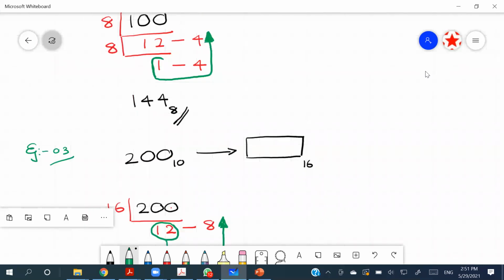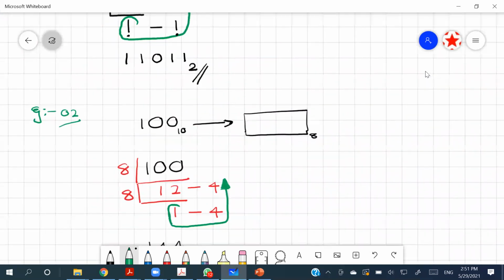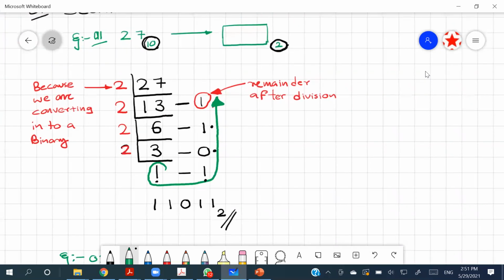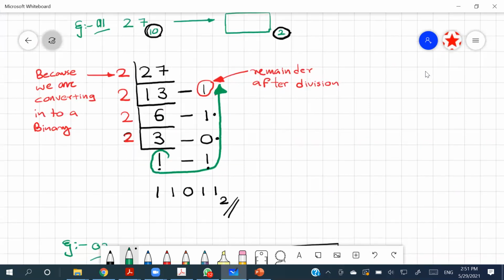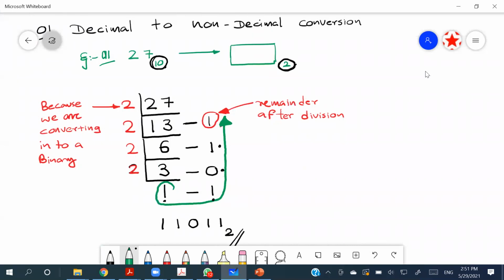Right. So shall we write this down, people? I think we have written the decimal to binary conversion. Am I right? You people are done with the first example, right? Yes, anyone?